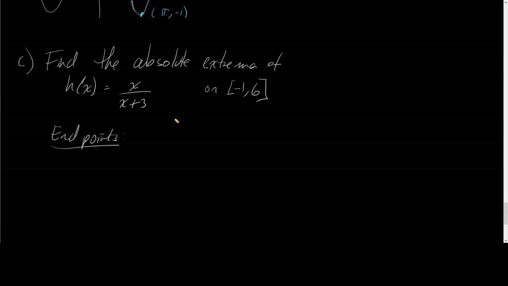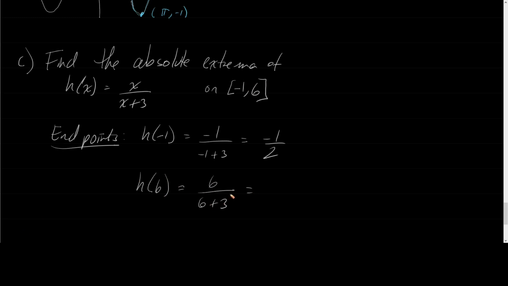Let's plug in -1 into h. I have -1 over -1 plus 3, which gives me -1/2. So that's a contender to be an absolute extrema, because it can happen at the endpoints. The next contender is h of 6, the other endpoint. So we have 6 over 6 plus 3. That's 6/9, which is 2/3. So far, those are the only contenders.